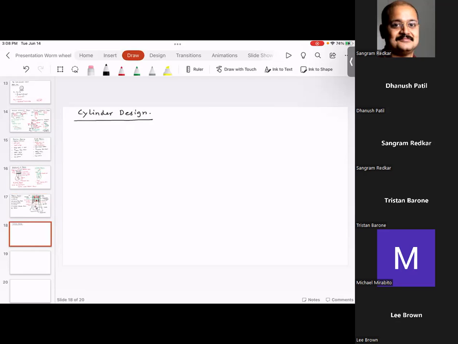One is called the longitudinal stress. So if you look at the cylinder, if you take a cross section of the cylinder, that's how it will look.